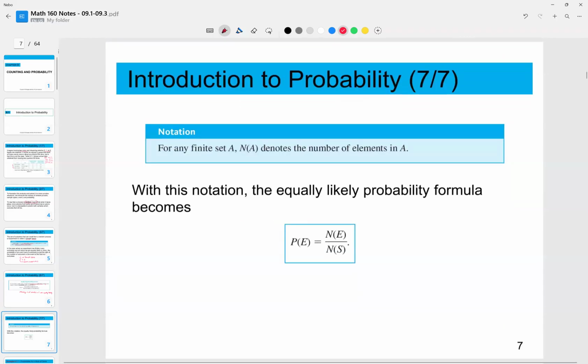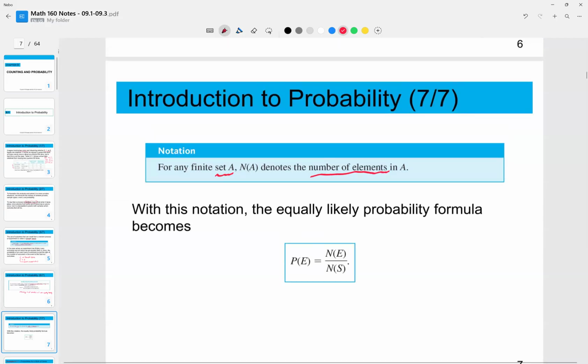Okay, some more notation. When we have a finite set, N(A) just means the number of elements of A. So for instance, if I chose a random number between 1 and 10, there would be 10 possible things. So N(A) there would be 10.